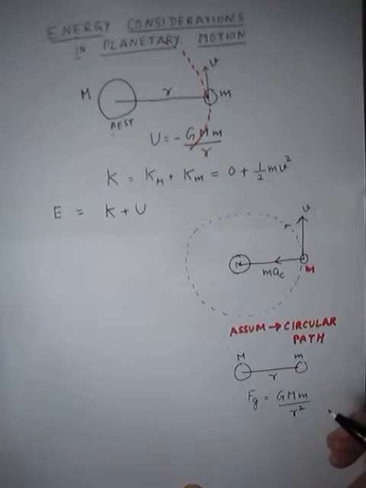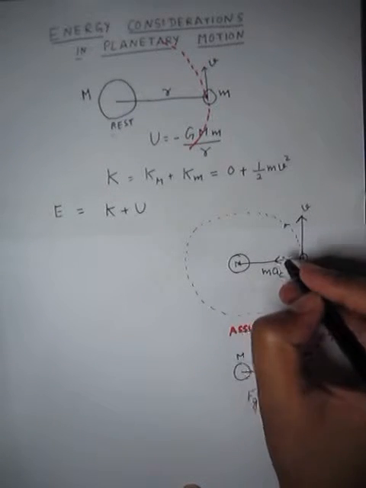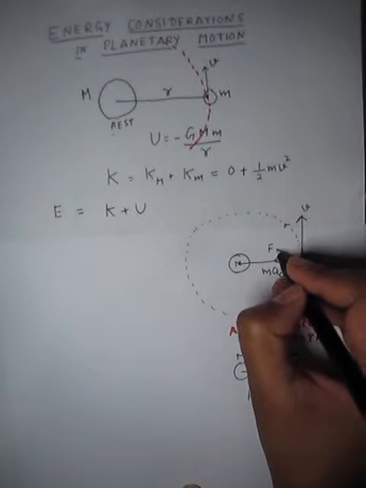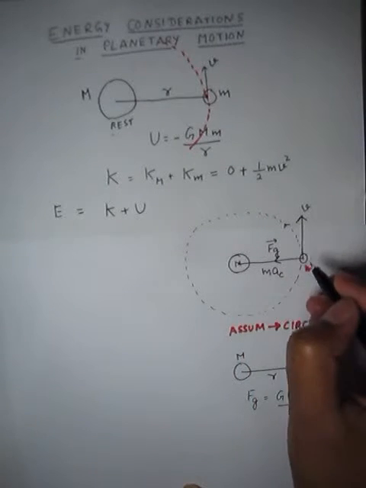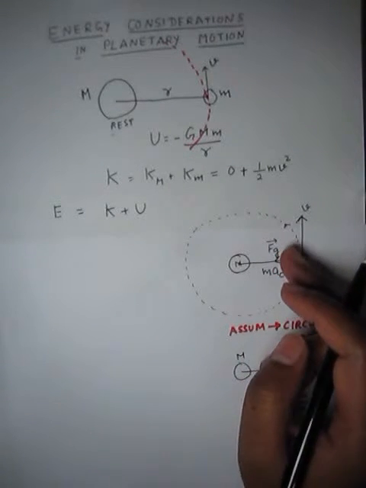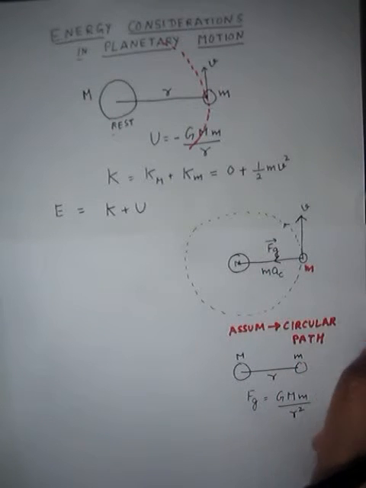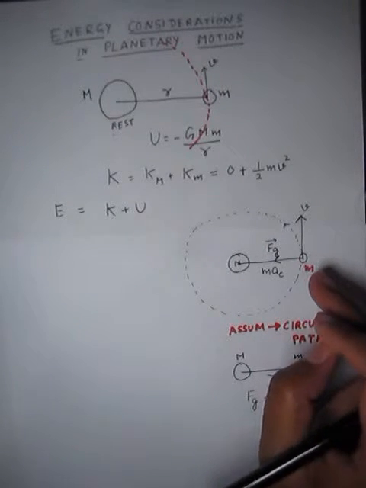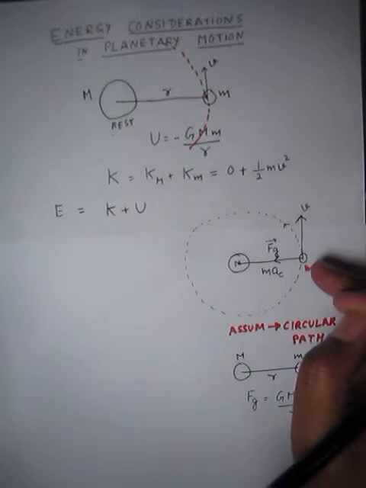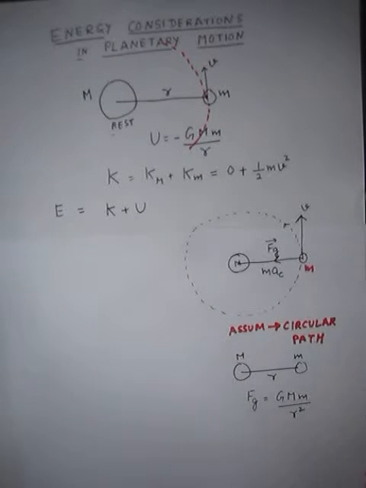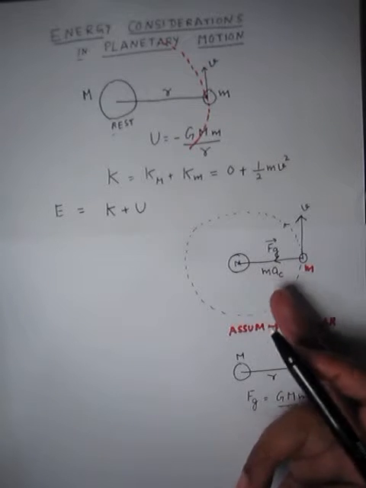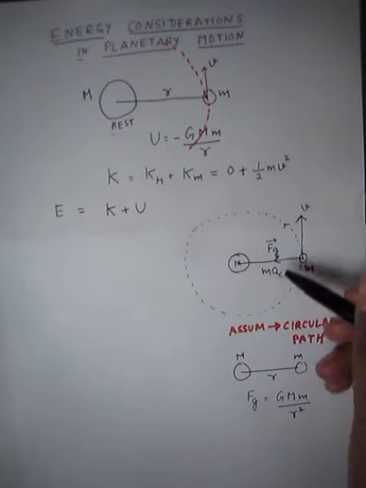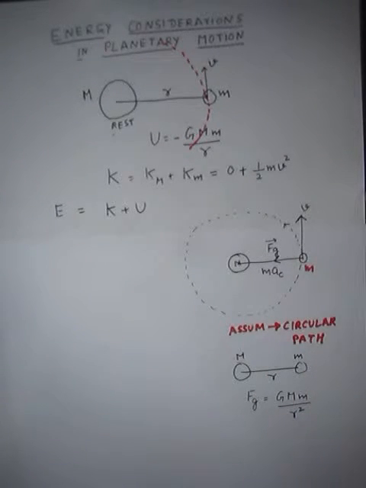So at this point we also have the Fg vector, which will be the same for small m or capital M, but at present we are talking about the force on small m. So the force on small m will be towards capital M. Capital M is pulling small m towards the center. This will be the force diagram for this particular situation.